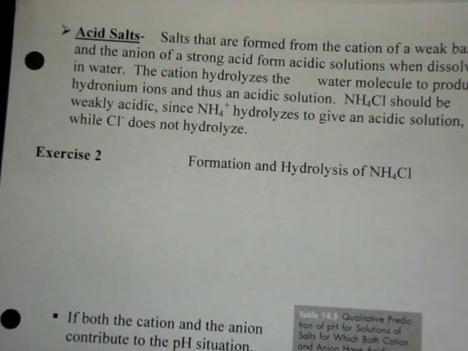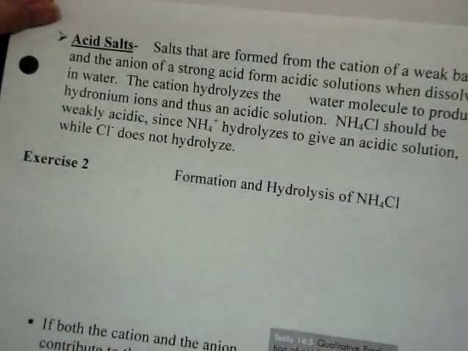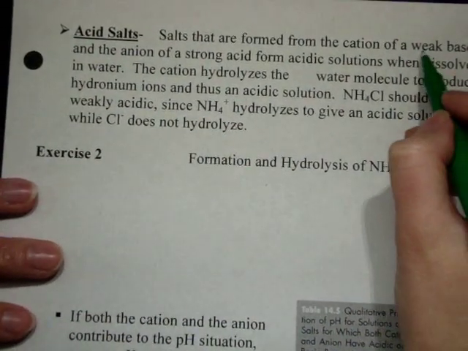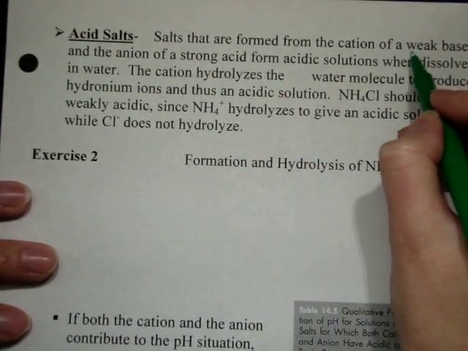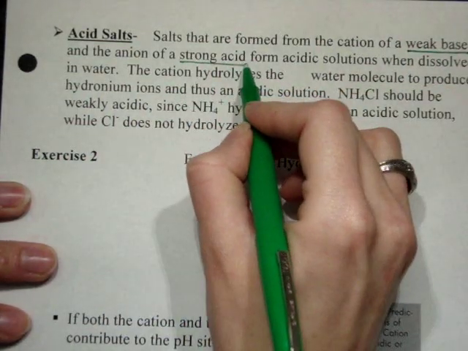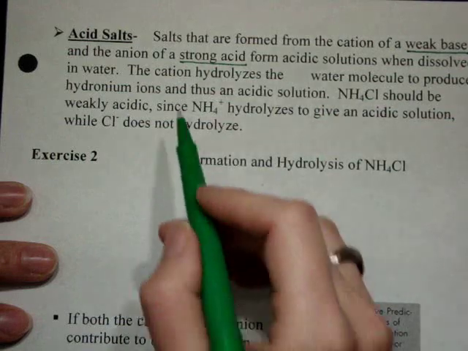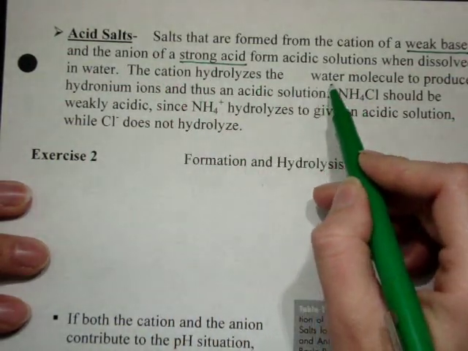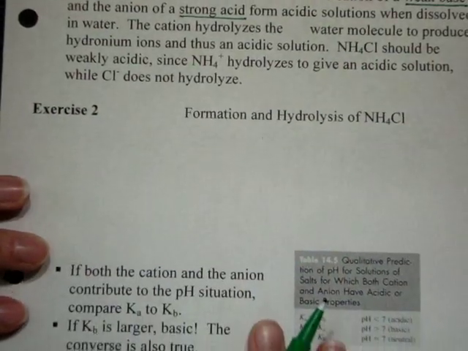All right, if we have an acidic salt, we have a very similar situation, only now we're going the opposite direction in terms of strong and weak. A weak base and a strong acid. This time we're looking at the cation, which is still going to be the weaker one, hydrolyzing the water.